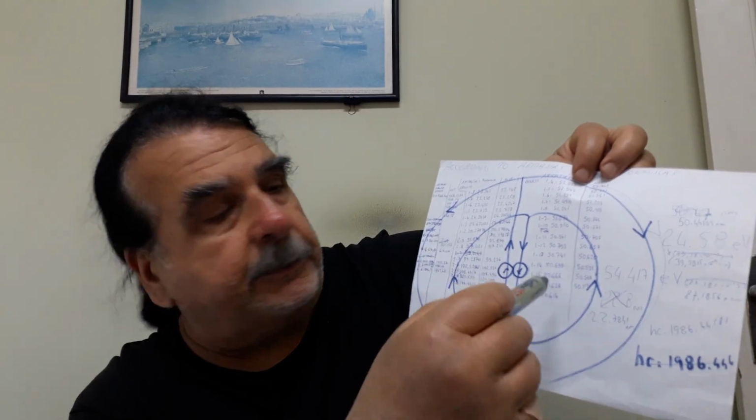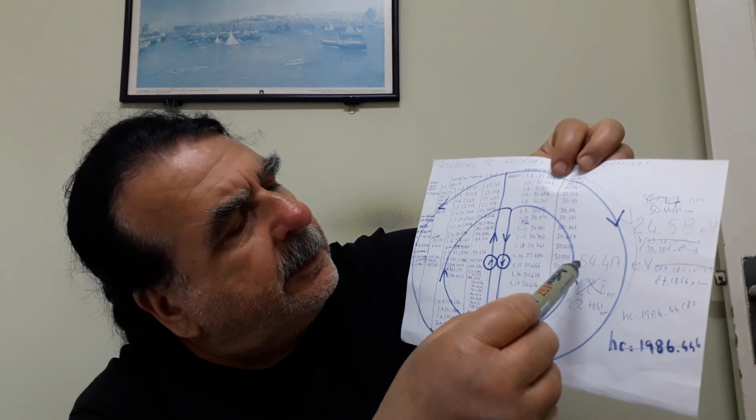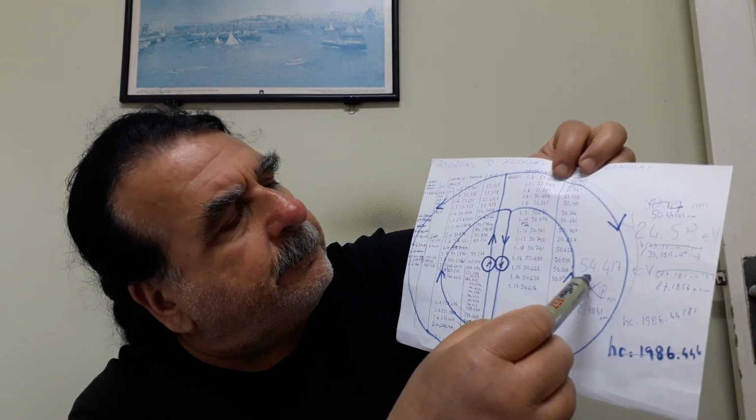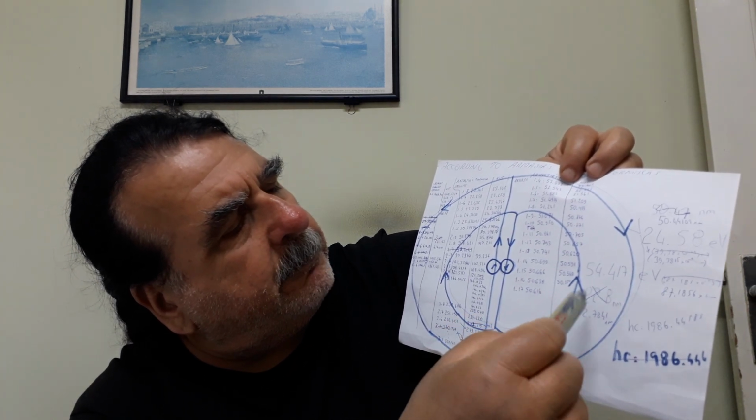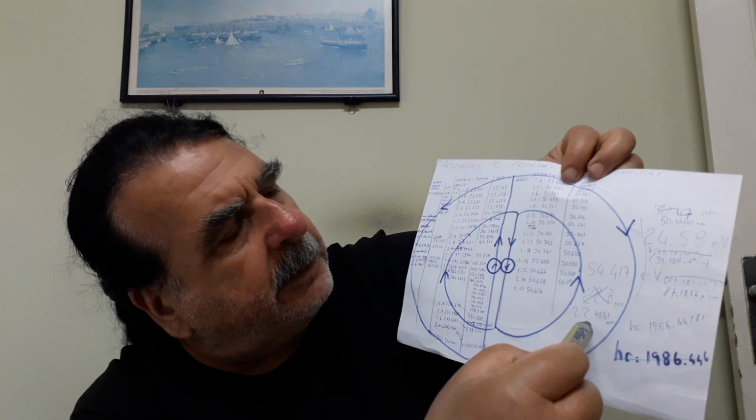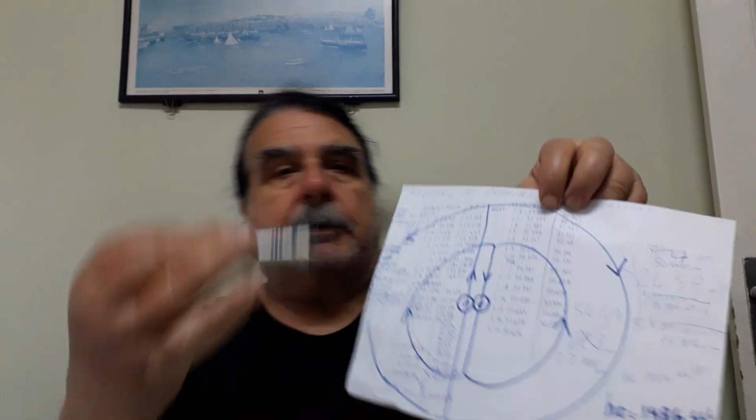The second greatest ionization energy is 54.4. Then the corresponding wavelength for this is 22.78 nanometer, etc. Okay.